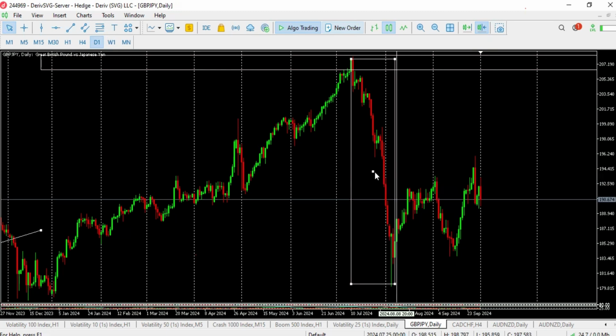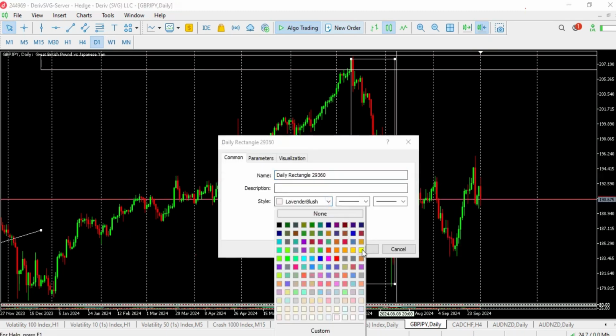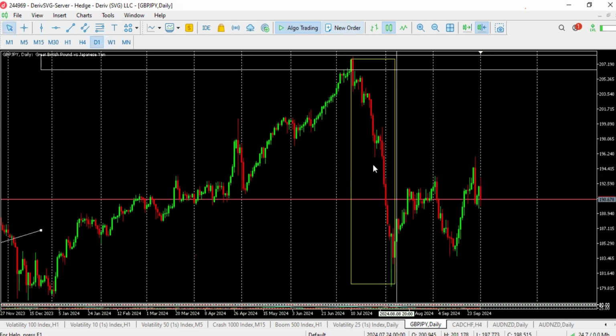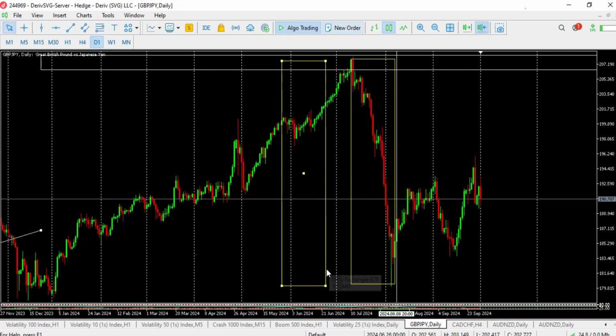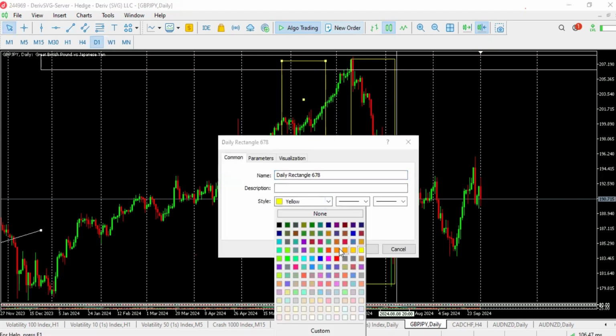I like using yellow for the daily chart. So we've gotten a week of drop. Now inside the week of drop, sorry, the month of drop, we're going to see that we can count our H4 time frame. So I'm going to change this to dark orange for the H4.